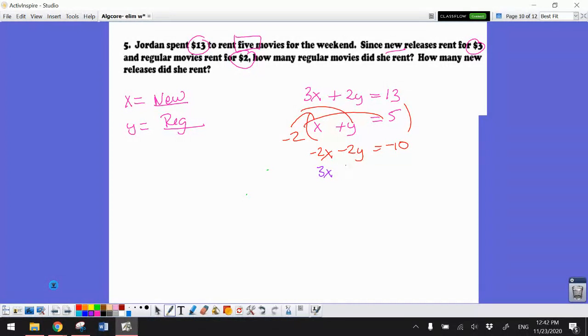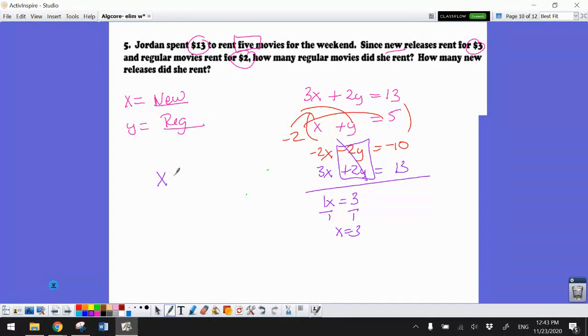And rewriting my top equation, these guys are gone. Negative 2x and 3x, that's a 1x. And negative 10 and 13 is 3. Divide by 1, x equals 3. X equals 3, and remember, you don't have to divide by 1. It's not going to change anything.